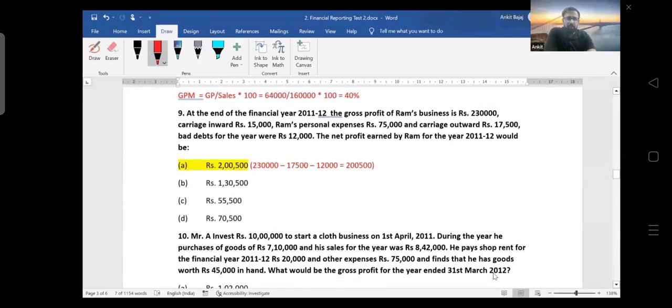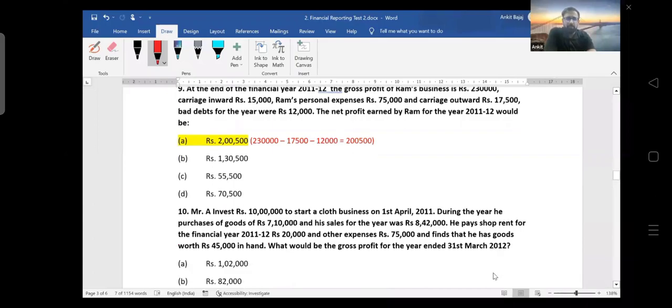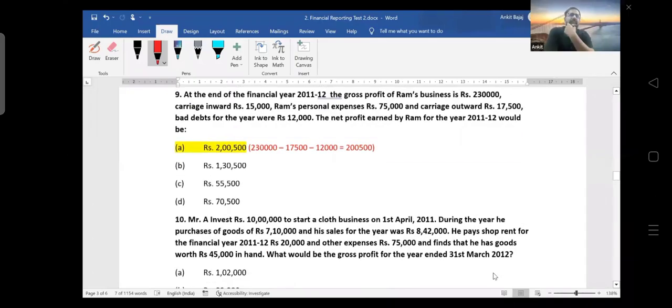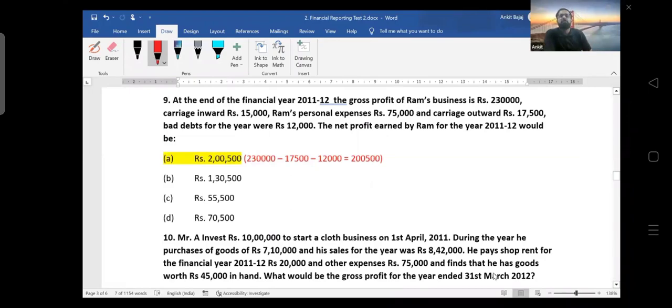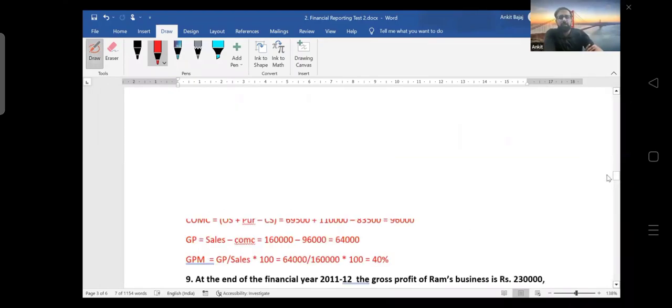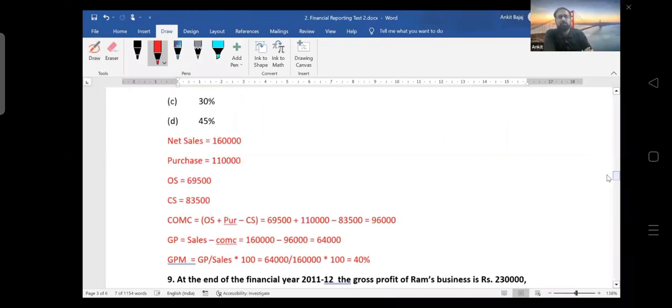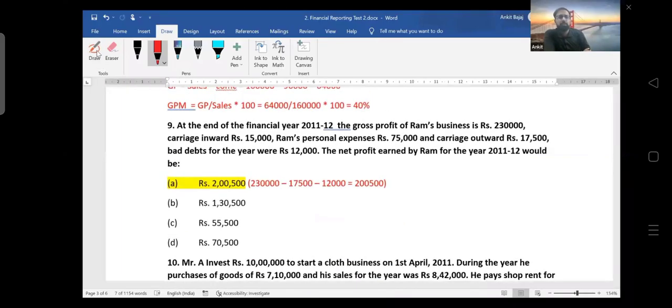Then here we can do this question, right? At the end of financial 2011-12, the gross profit of RAM business is 2,30,000, right? This is the gross profit.